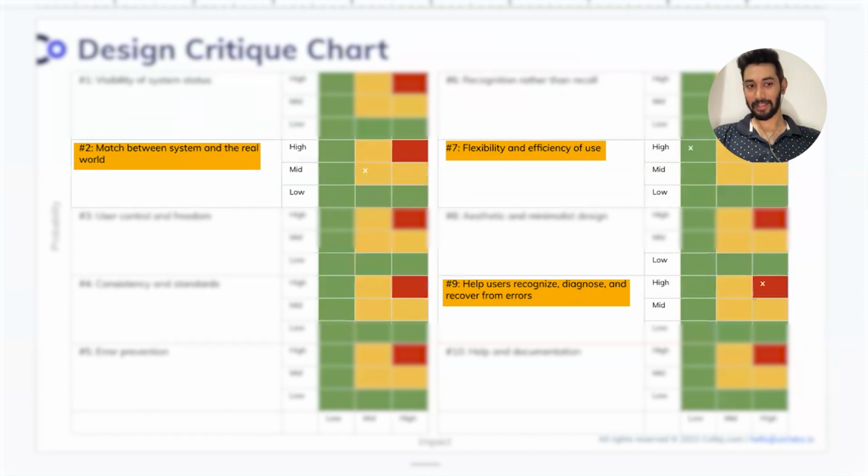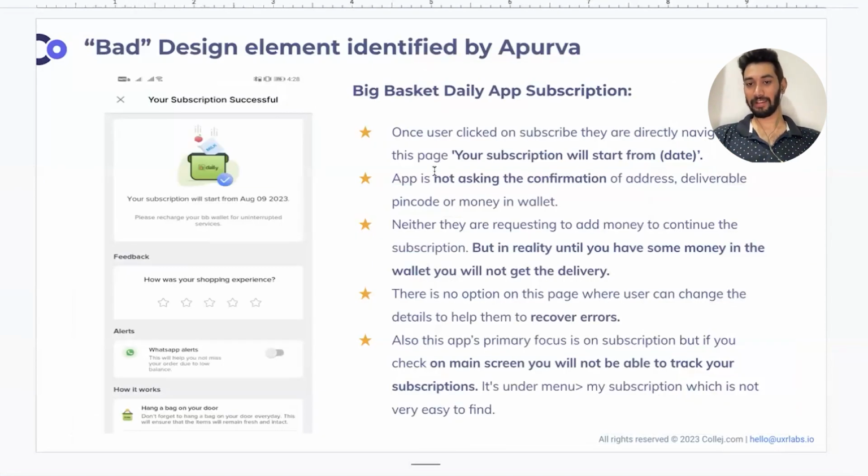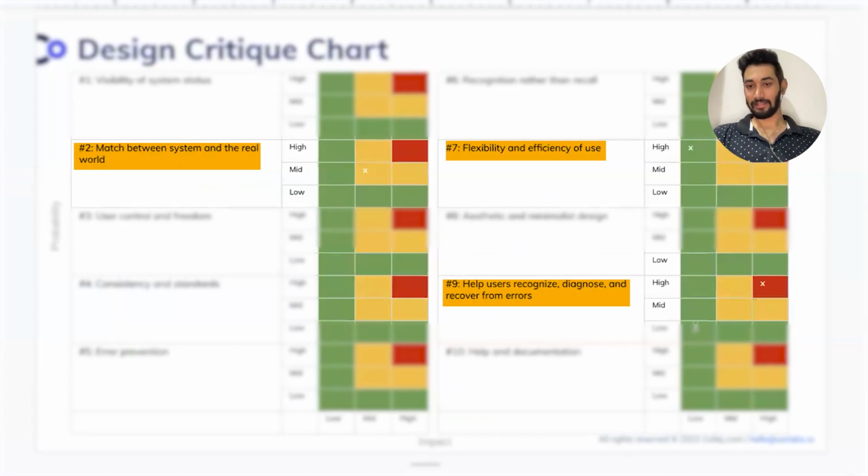The second thing we identified was flexibility and efficiency of use. What we noticed there was that the process is very scattered. You have one user flow for adding money and one user flow for subscribing, so it's not a very aligned, structured process. That is also something every subscriber is going to face, but the impact is pretty low.